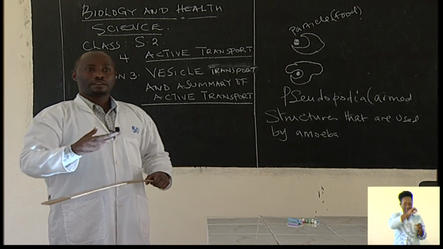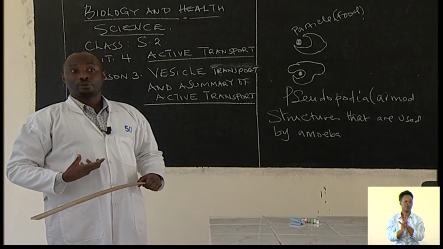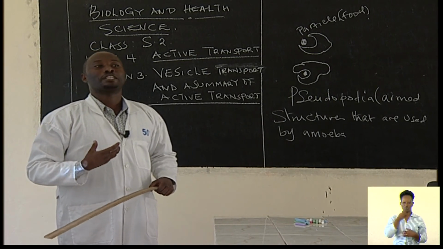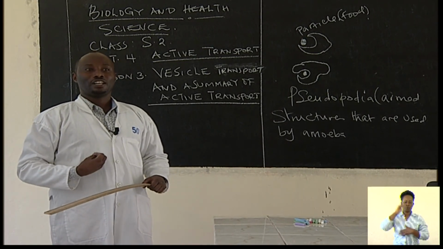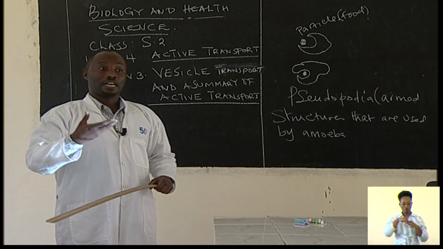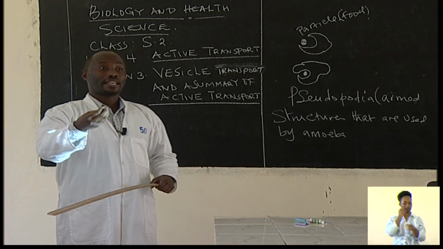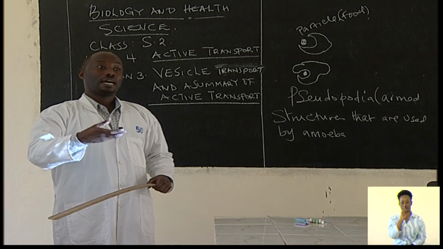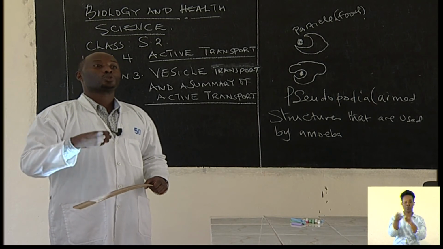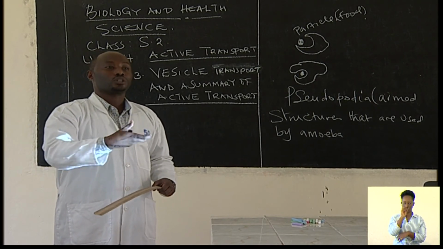Let me give an example. Waste products in our body have to be removed because they can affect our body metabolism. You get me very well? So removing waste substances from our body is done by exocytosis. Not only that, the reabsorption of glucose by the kidney is also done by exocytosis.